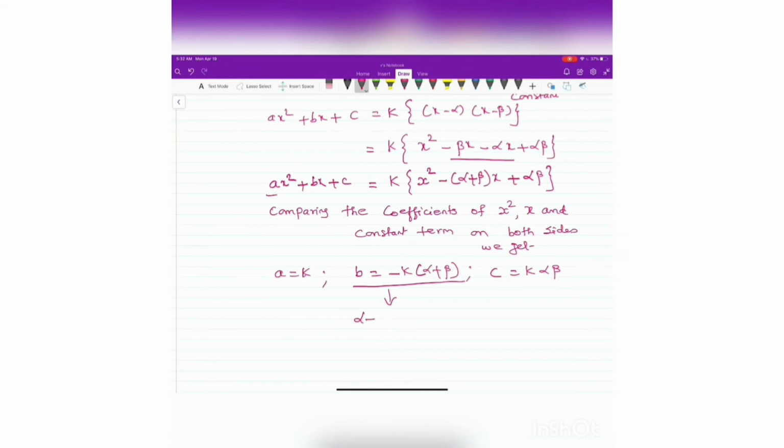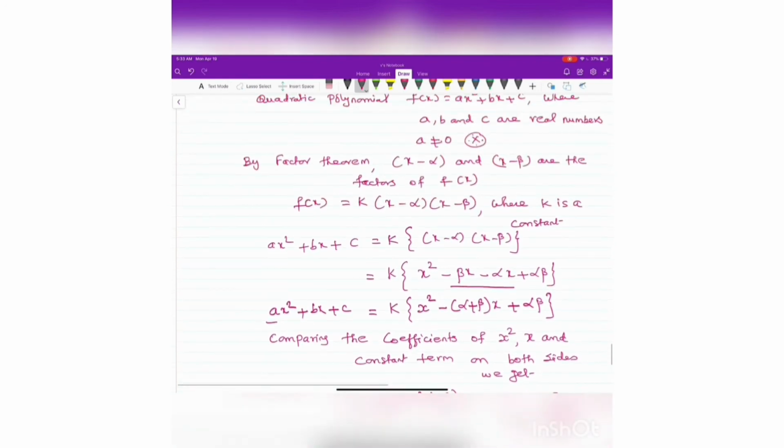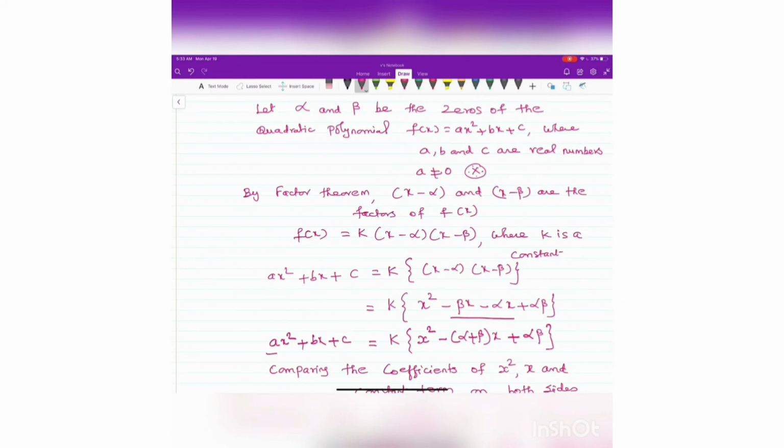Okay. From this one, b is equal to minus k into alpha plus beta, we get alpha plus beta is equal to b by minus k. So I can write over here minus and just write k over here. But what is k? K is nothing but a. So this is nothing but minus b by a. What is b? If you see the given equation, b is the coefficient of x.